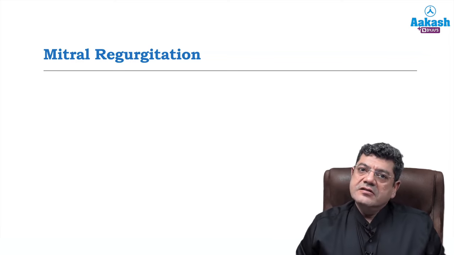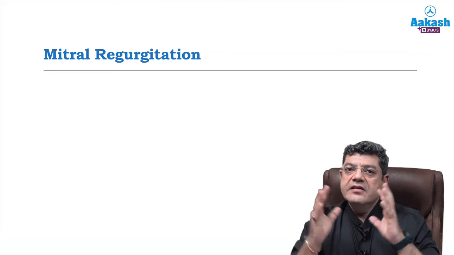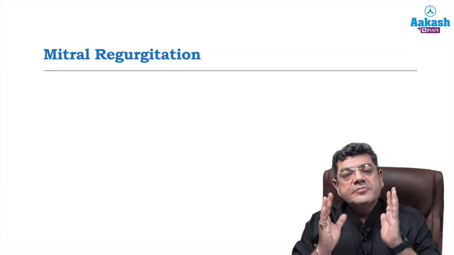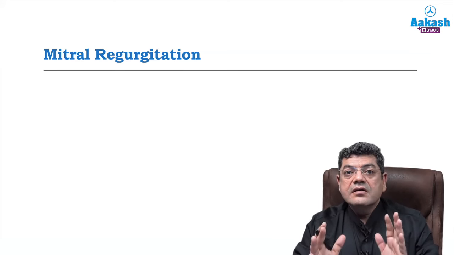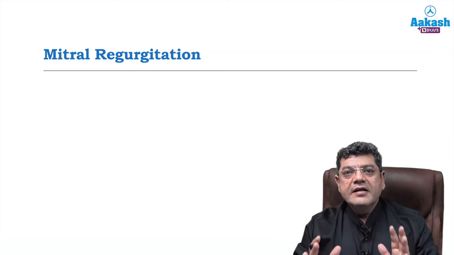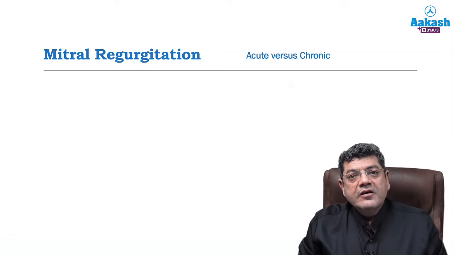On to mitral regurgitation. Now, MR is a very different entity compared to MS. Why? Because MR can occur acutely in a matter of minutes, right? So, we need to distinguish acute from chronic MR, right?